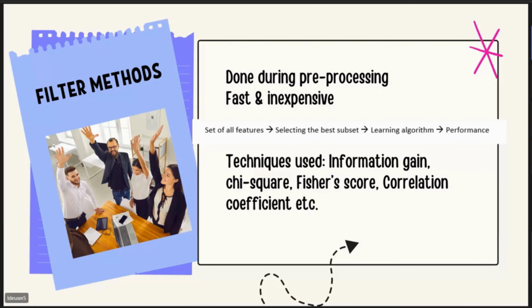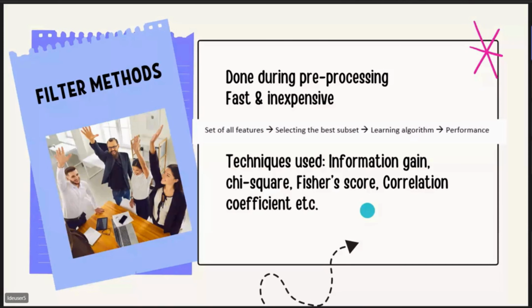The main thing here is how you are going to give the rank for the features which you're going to select. Only if I give a rank from 1 to 10 can I take the first 7, right? So what technique am I going to use for that ranking? As I told earlier, some statistics based techniques like information gain, chi-square, Fisher's score, correlation coefficient.